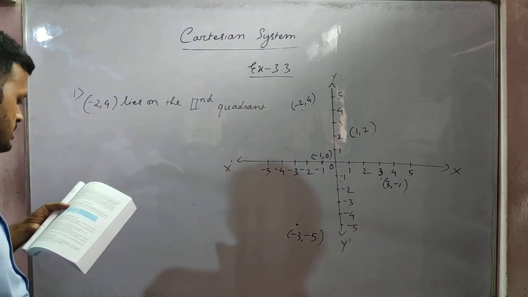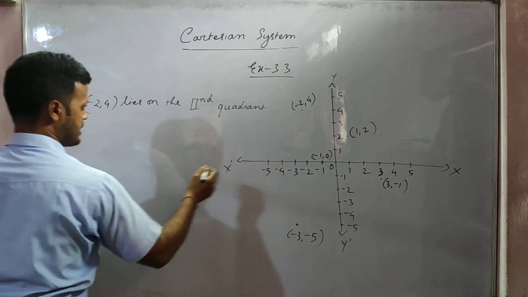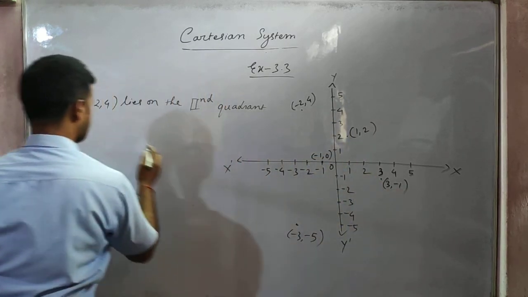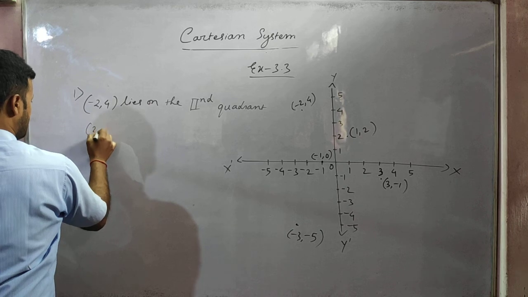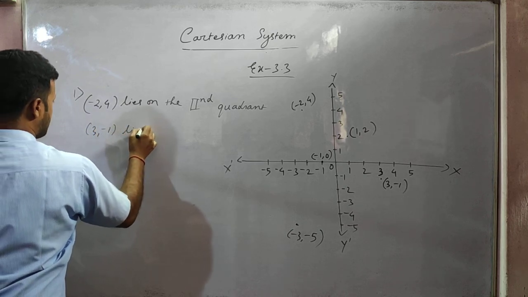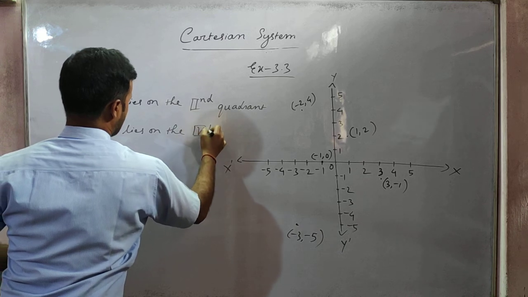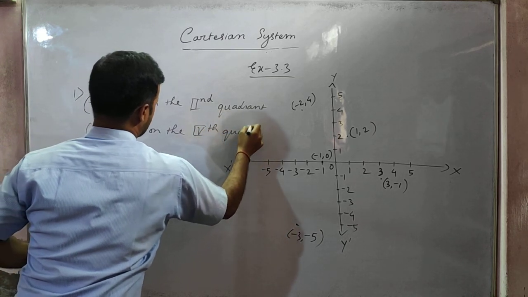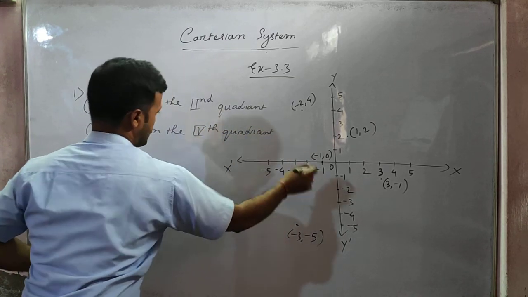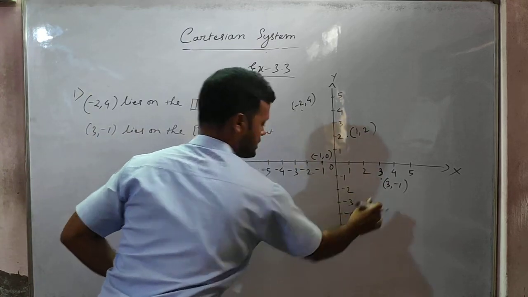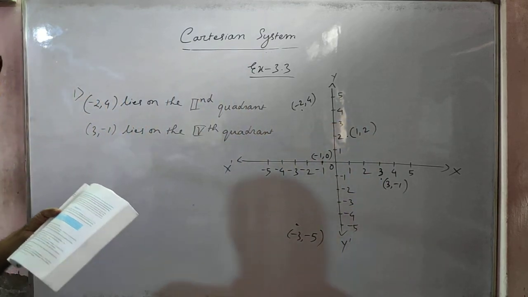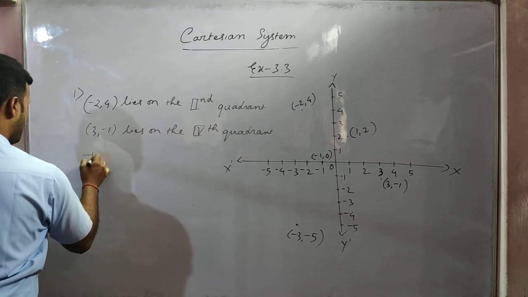Next point is (3, -1). First, second, third, fourth. (3, -1) lies on the fourth quadrant. Again (-1, 0).